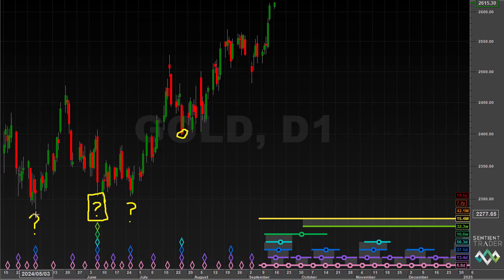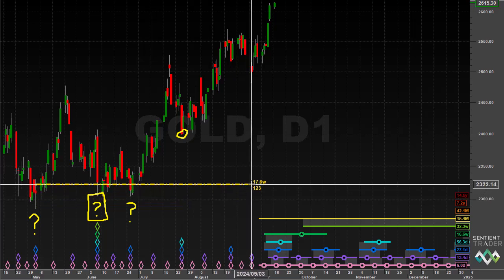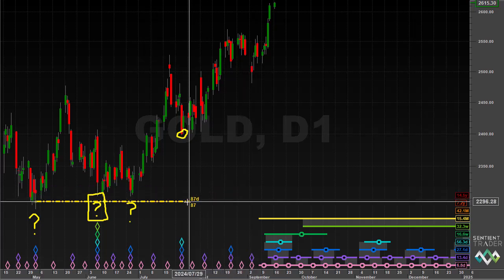Let's consider this first question mark over here. If we measure from this first question mark all the way up to this trough over here, the one that we want to identify, we get a number of 123 days. That could very well be the position then of our 20-week cycle. But what about the 80-day cycle that needs to come in between? Half of 123 days is 61 and a half days.